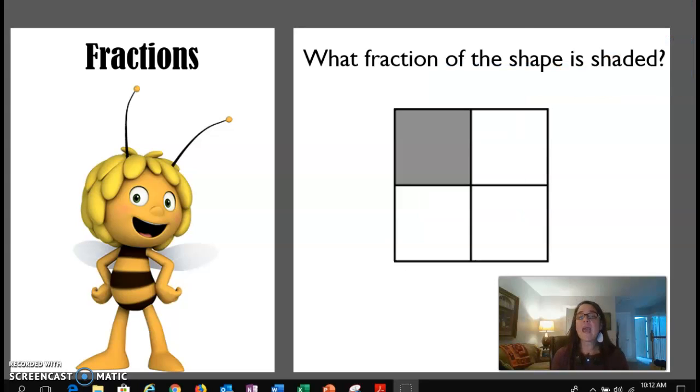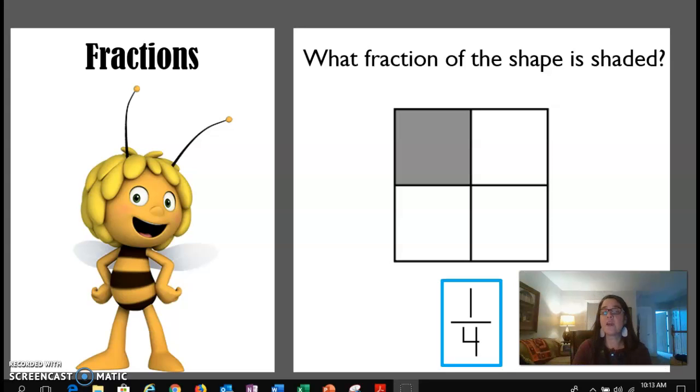Now let's take a look at a different shape. The question is still the same. What fraction of the shape is shaded? I see that 1 piece is shaded. 1 piece is gray. How many pieces are there all together? I see that this square is split into 4 equal pieces, and 1 of those pieces is shaded.